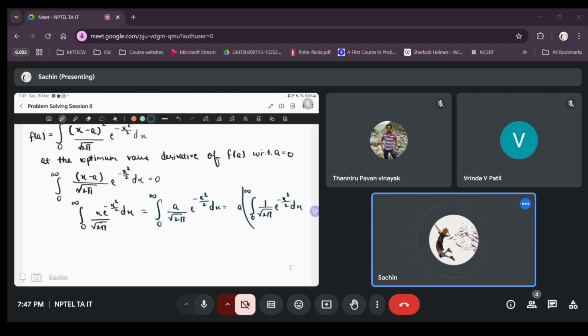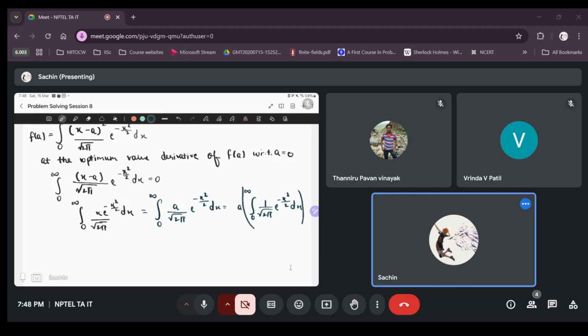And this thing is 1, right? Because the thing inside is the density function of a Gaussian variable. Actually, it's the integral only from 0 to infinity, so it's actually half, because the Gaussian distribution is symmetric and the integral from minus infinity to infinity is 1.